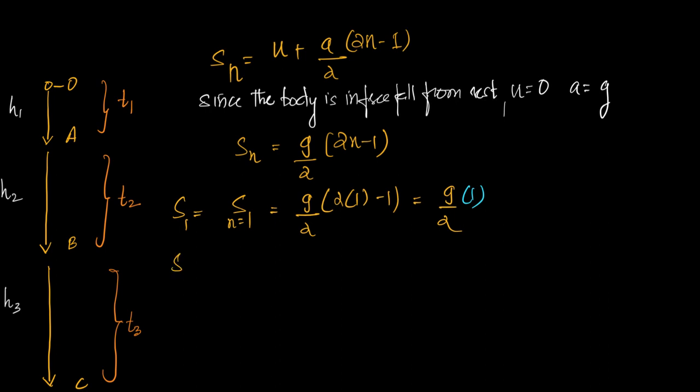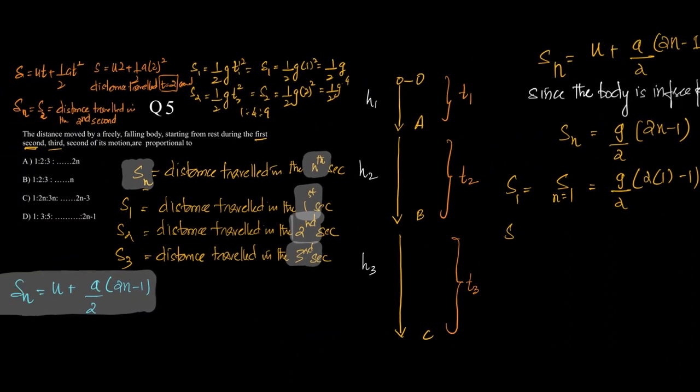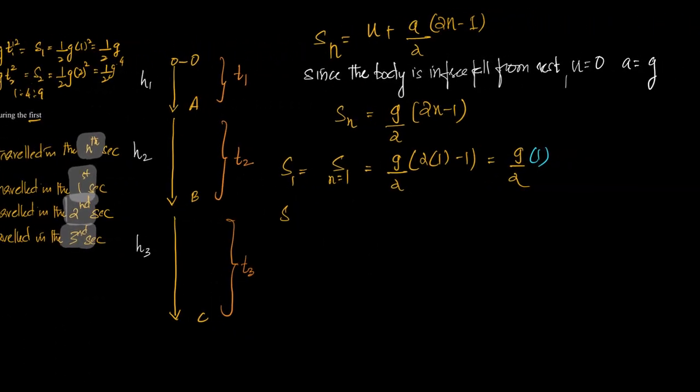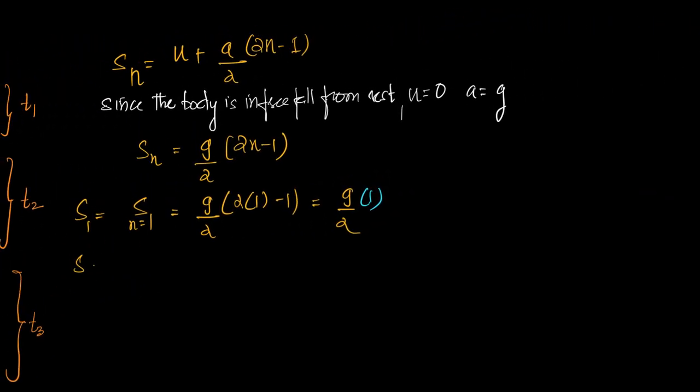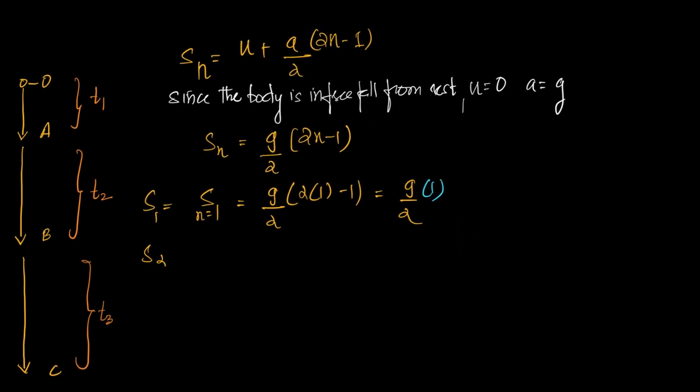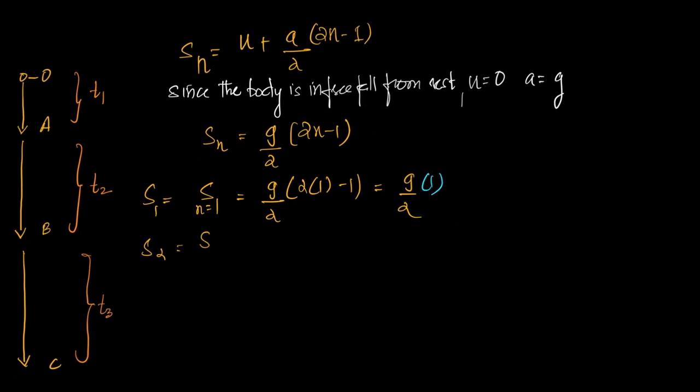Similarly, S2 is equal to Sn at n is equal to 2, which is G by 2 into 2 into 2 minus 1, which is G by 2 into 3.